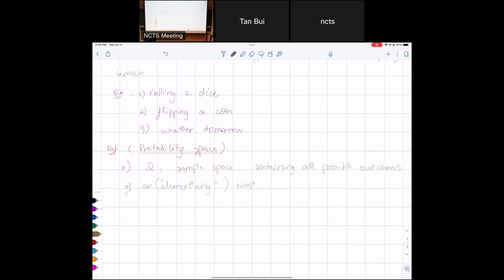Maybe I'll give you an example, right? So that you can see a little bit better. Example here. The elementary event, for example, such as flipping a coin.